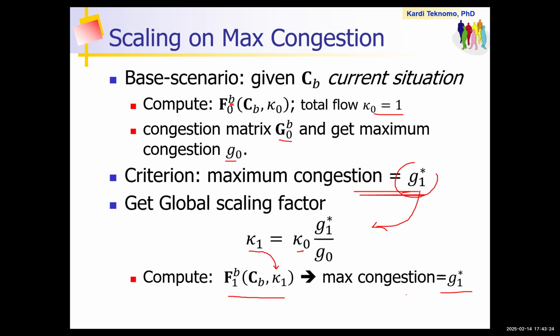If you don't have data, you can set the target maximum congestion, say 0.9 or 0.8, for example. Because you know that target, you can get the total flow, and then you can get the flow, which comes back to the maximum congestion. Is this clear or not?